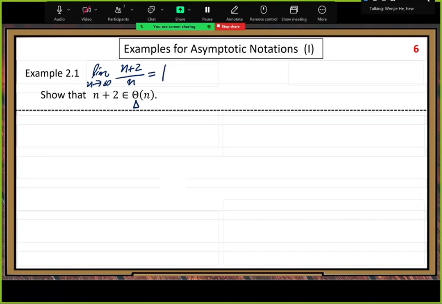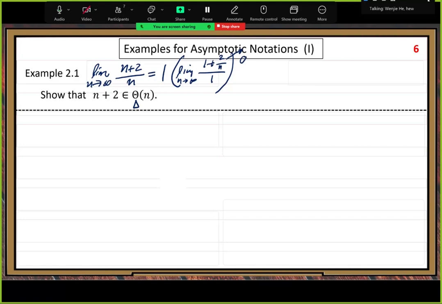Usually people do it this way in calculus. If you find it hard, people write it another way so you can see it a little better. In the limit, you divide numerator and denominator by n. The numerator divided by n gives 1 plus 2 over n. The denominator gives 1. But 2 over n goes to 0 when n goes to infinity.